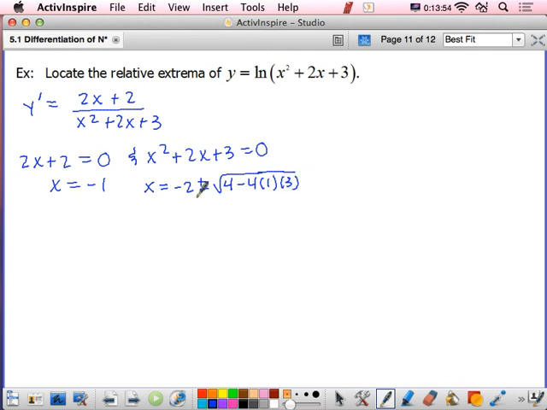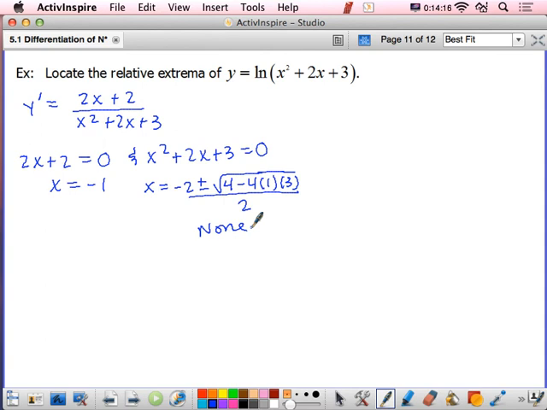I think I'm allergic to this problem. Hey, good news. That's imaginary, right? Yep. So we can stop. So there is no critical number here. We don't use them if they're imaginary. So that's nice. So there's only one critical number, and it occurs at -1.